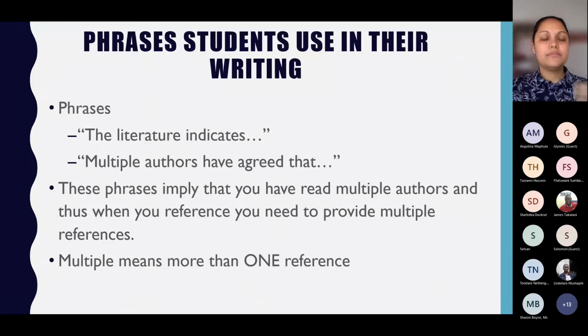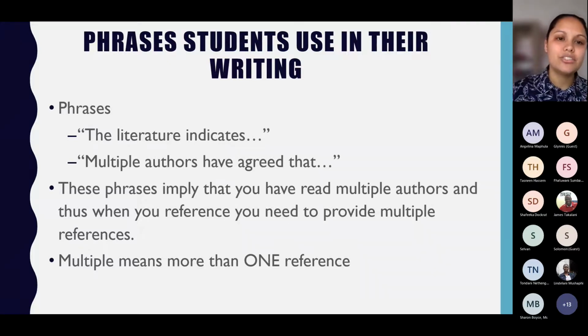Okay. So these are some of the things that become problematic when a student is writing, right? When you use a phrase like the literature indicates, and you do not provide a single reference in that sentence, that is problematic. Because whose literature are you using to indicate what it is that you have understood?